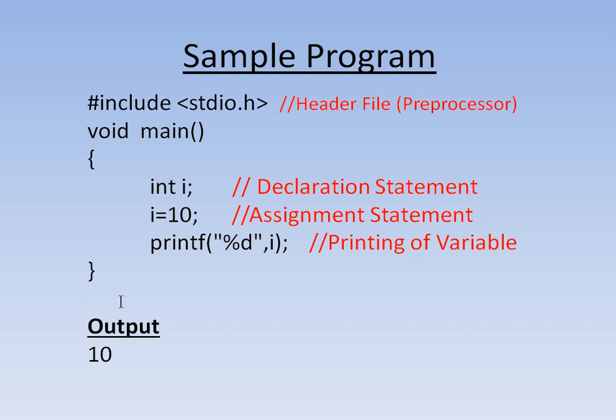Now just to put focus on the header file, see, the C language doesn't know what is int, what is print. All these functions are inbuilt inside this stdio.h, the header file. For example, if I am using a clear screen function to clear my screen, I have to use conio.h. Like that, whatever functions I use, I need to include the corresponding header file.